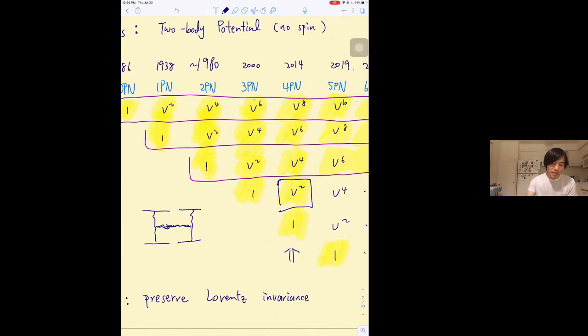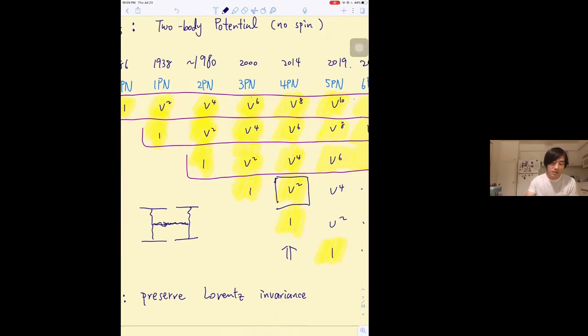But this one doesn't contribute to the conservative interaction, because a simple way of saying that is this radiation is on shell, so it differs by an imaginary part. It doesn't contribute to the real part of the amplitude.